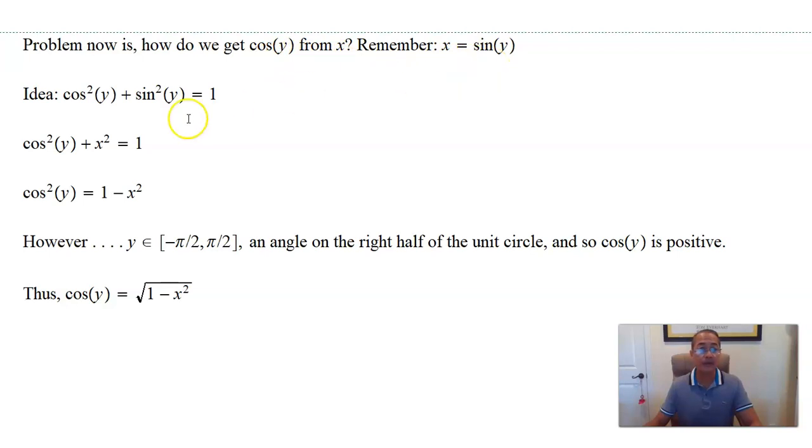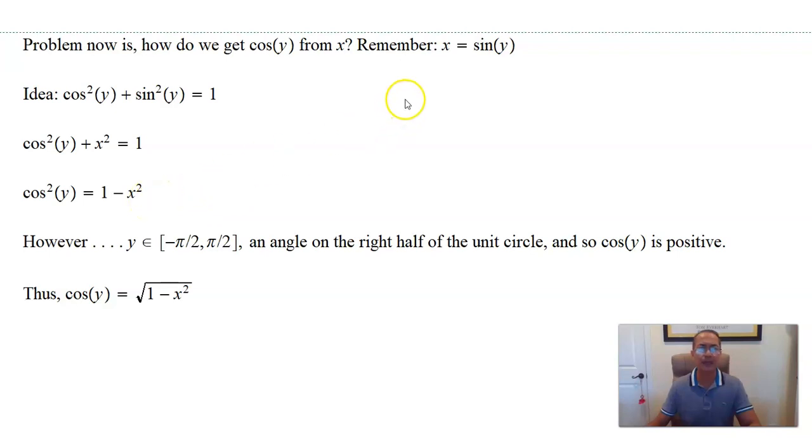Well, the idea is to use the Pythagorean identity from trigonometry: cosine squared y plus sine squared y equals 1. Usually we say that in terms of x, but this time our angle is called y. But since x is sine y, we can rewrite sine squared y as x squared. So cosine squared y plus x squared is 1. Solving for cosine squared, we get 1 minus x squared.